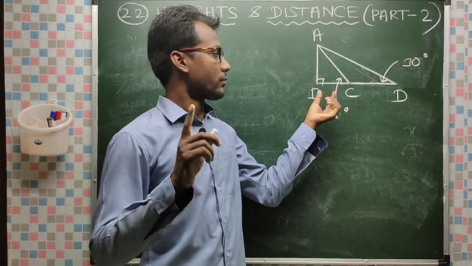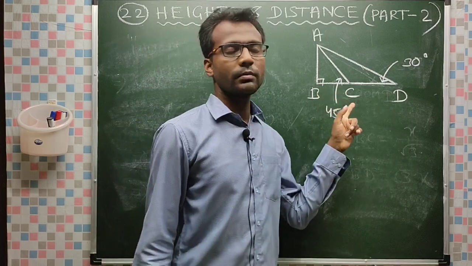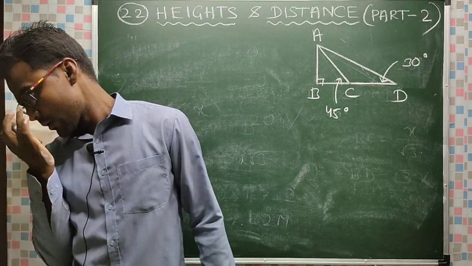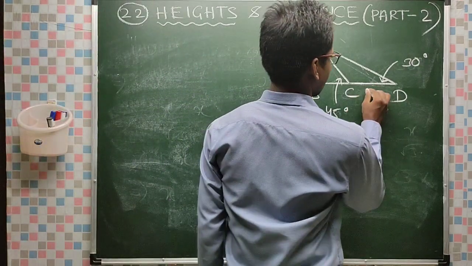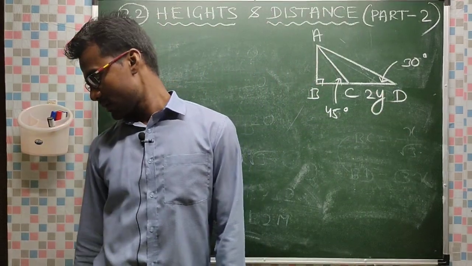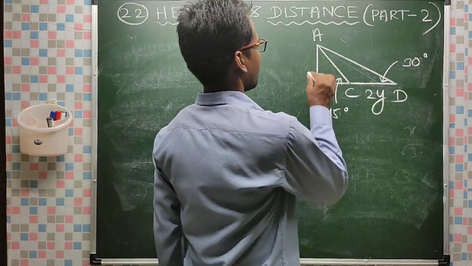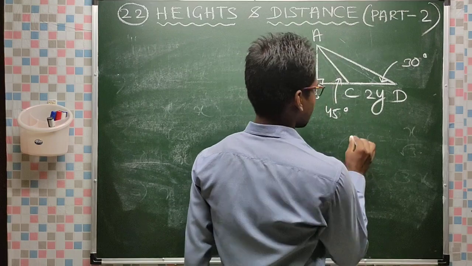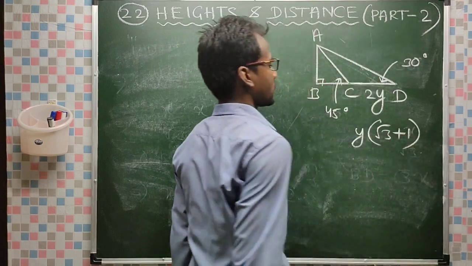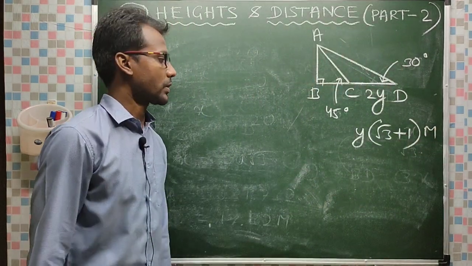So the length of the shadow of the tower has increased by 2y meters. We have to prove that the height of the tower, AB, is y times (root 3 plus 1) meters. This we have to prove.